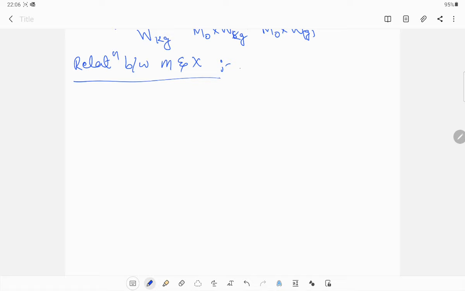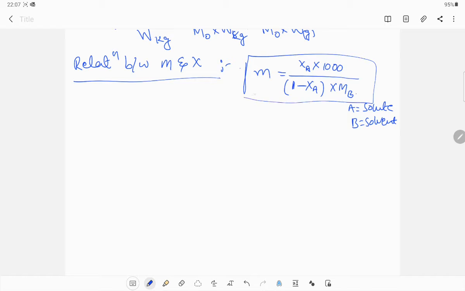For this, to construct the relation, molality is equal to mole fraction of solute into 1000 divided by 1 minus mole fraction of solute into molecular weight of solvent. Here A equals solute and here B equals solvent. So this is the expression.